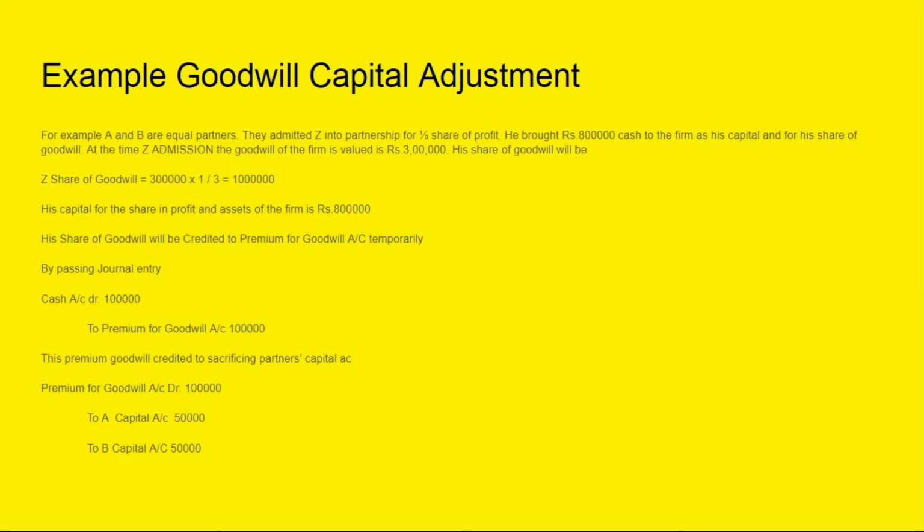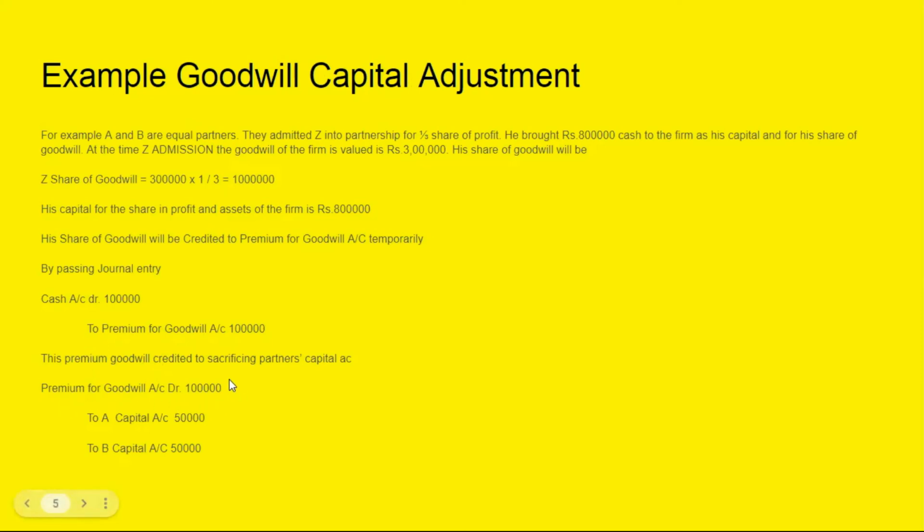Of that, 7 lakh is capital and 1 lakh he is bringing as his share of goodwill. Therefore, in Z's capital account, 7 lakh will be credited as capital. The remaining 1 lakh is not credited to his capital account. Temporarily, it is credited to the premium for goodwill account. Then again, it is closed.